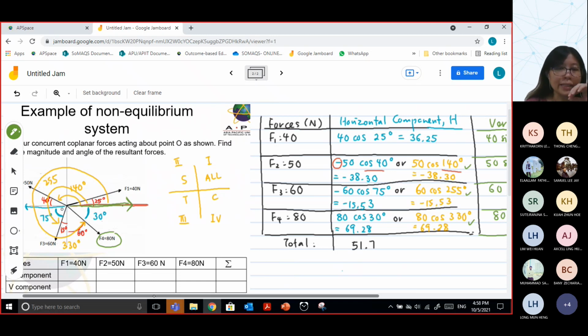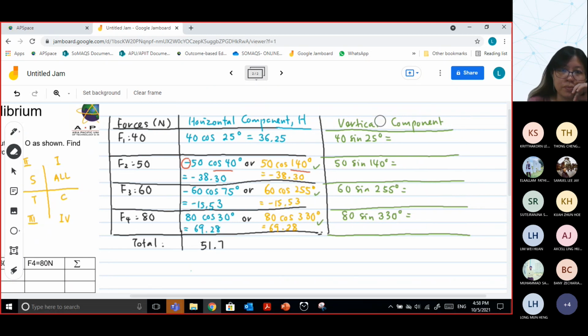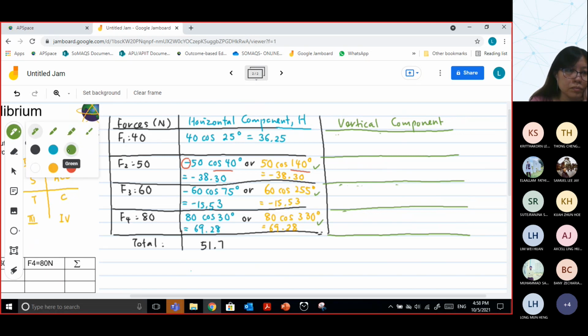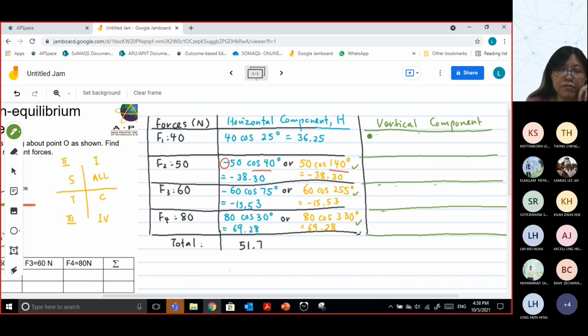Okay, I think I show you both. If you're using the basic angle, the first one is 40 sine 25. For the second one, 50 sine 40.